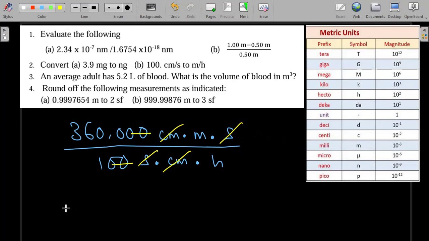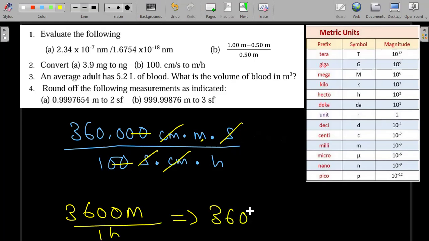So I'm going to remain with 3,600 and then meters there divided by 1 hour, which is the same as 3600 meters per hour. So we have converted this 100 centimeters per second to meters per what? Per hour. So that's how we can do that.